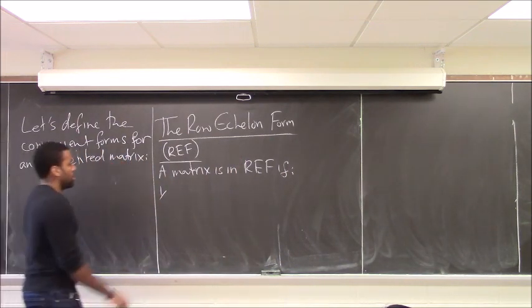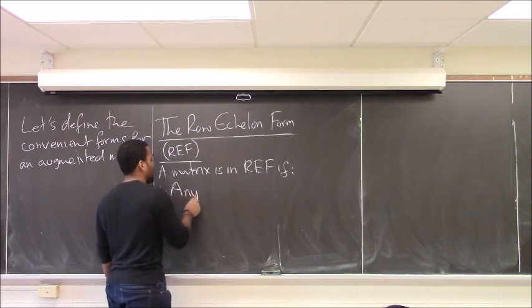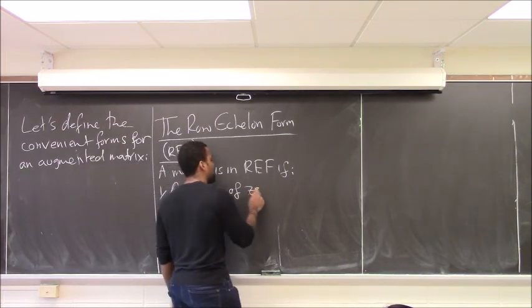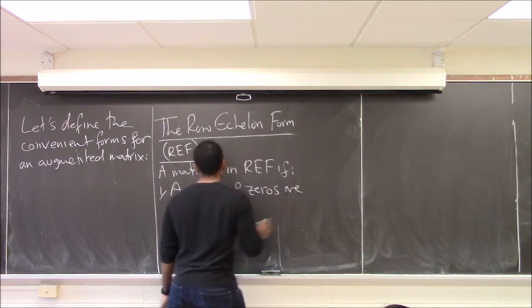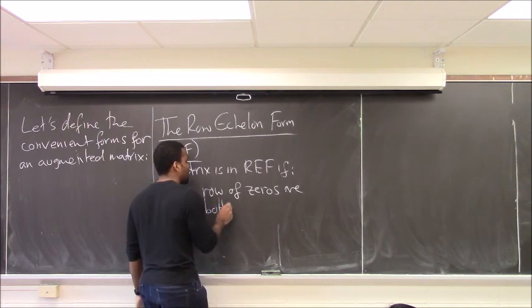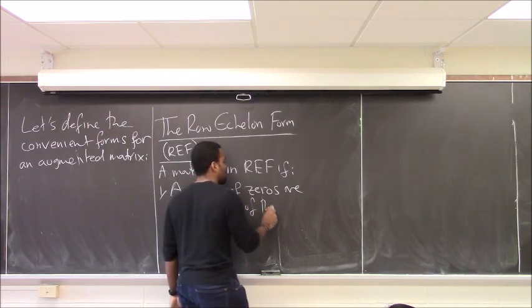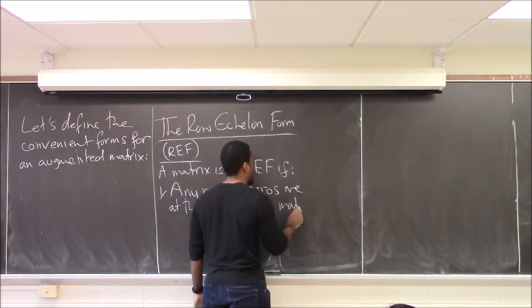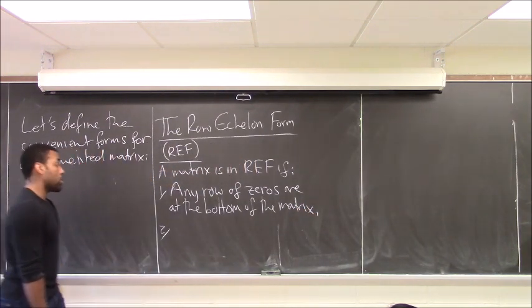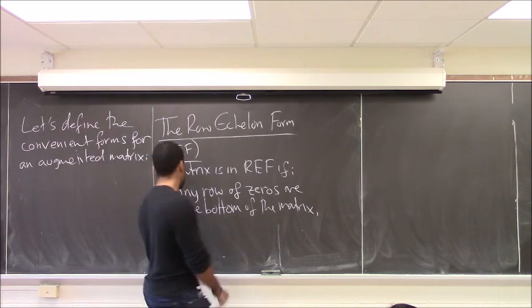One, any row of zeros, if there are any, there might not be any, is at the bottom of the matrix. Two, the first non-zero number in every row is a 1.